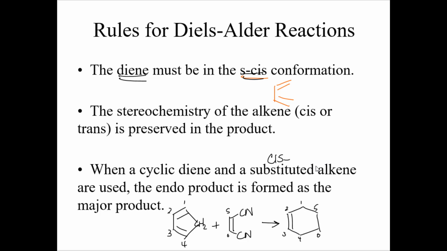Double bond between carbons 2 and 3. We know that the CN groups are going to be cis, right? And this CH2 then is going to be attached both to carbon 1 and to carbon 4. And so what I'm going to end up doing is forming a bicyclic molecule.